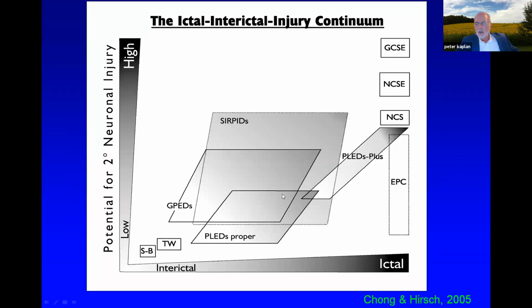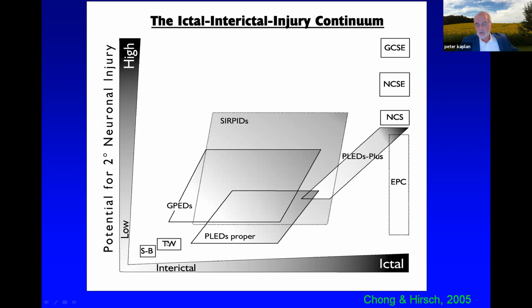And let me show you an excellent schematic by Chong and Hirsch, which illustrates his conceptualization, and I think it's valid. When you look at the likely interictal to ictal potential of that pattern, and also compare the danger of neuronal damage, because you want to treat patients who have high risk of neuronal damage, but not necessarily those with low, particularly with anti-seizure medicine.